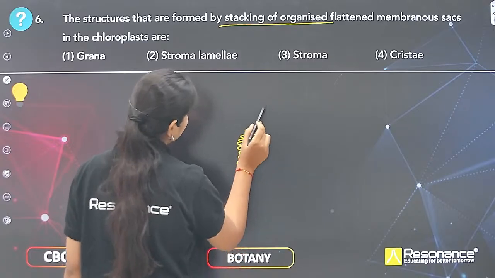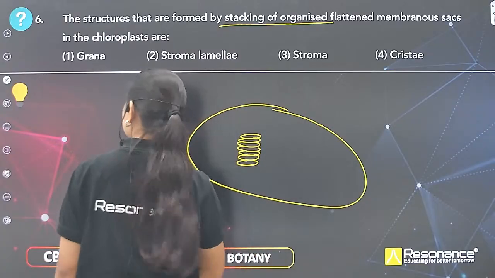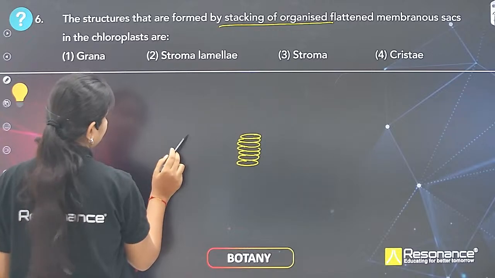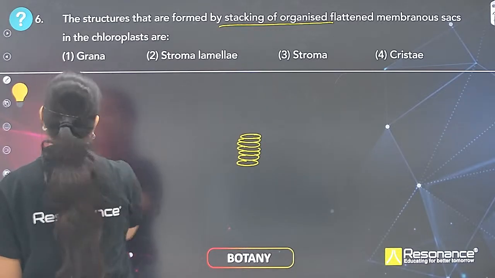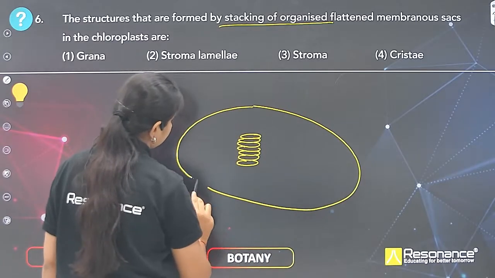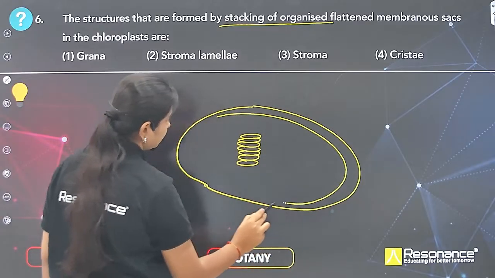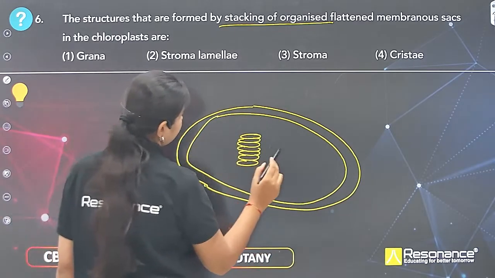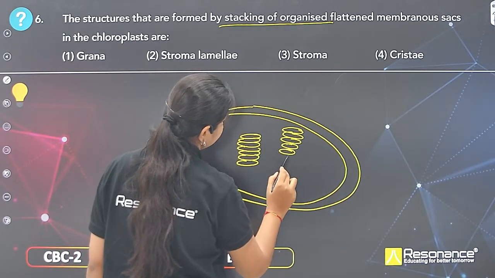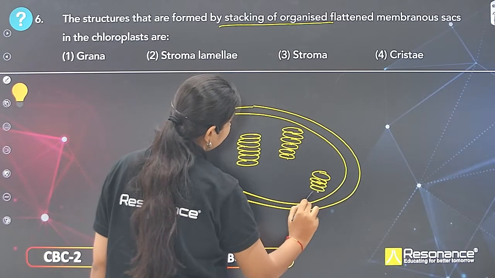Okay, so in the cell organelle, you have the structures. Now these thylakoids, right?